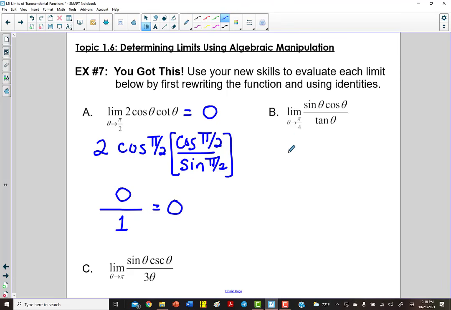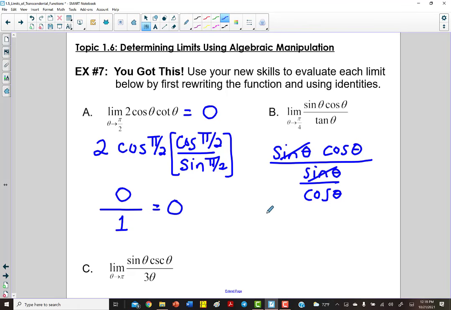In part B, we've got sine times cosine, and tangent, we're going to think of tangent as sine divided by cosine. So when you remove this and multiply by the reciprocal, we're trying to take the limit. Whoop, I'm using bad notation here. Want to keep writing the limit until you've evaluated.